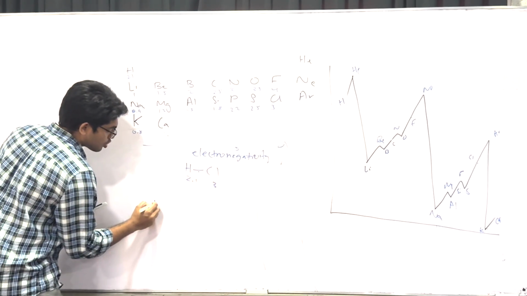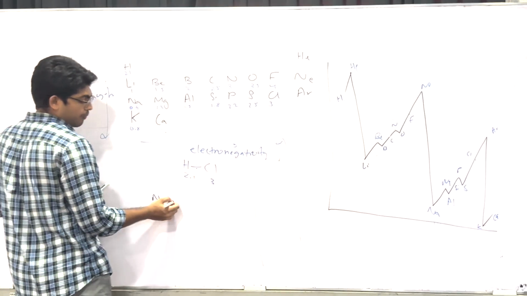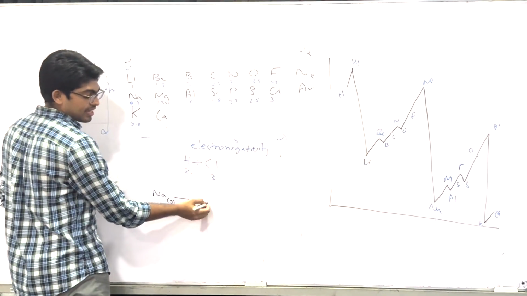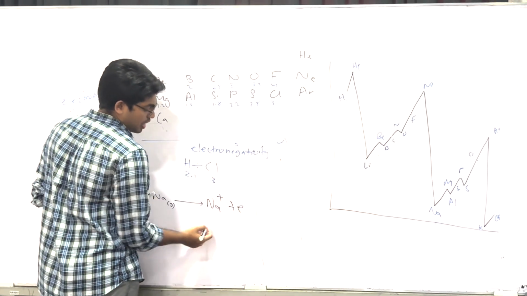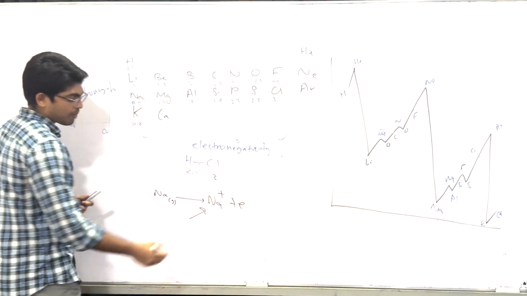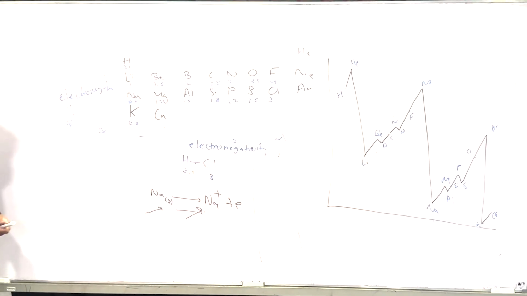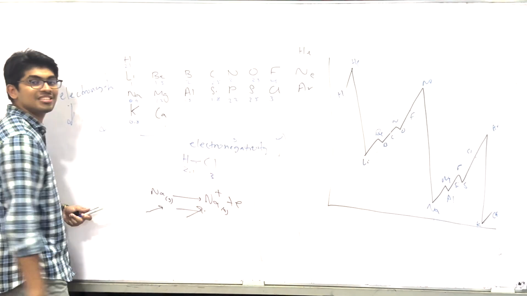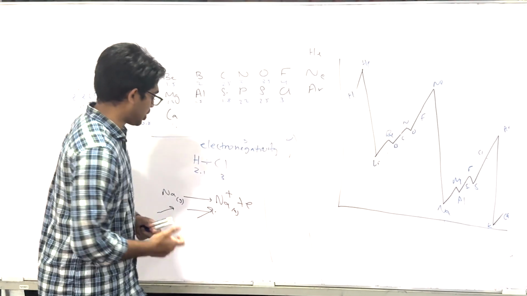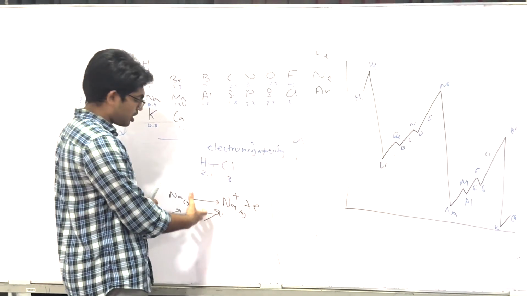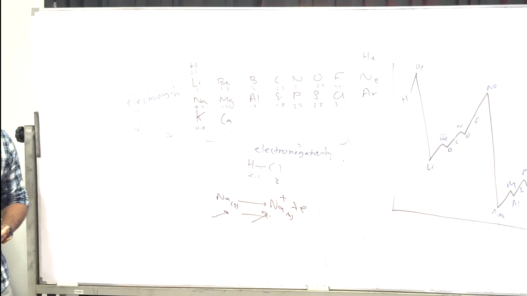Let's say sodium gas, Na gas, becoming Na plus plus an electron. The minimum amount of energy that should be supplied in order to convert it into Na plus is the minimum ionization energy required, converting sodium gas into sodium plus gas. Understood? Is that clear to you all?